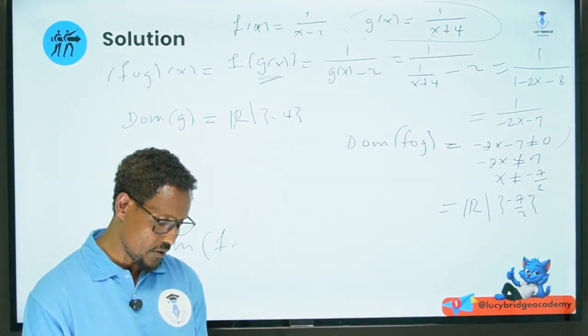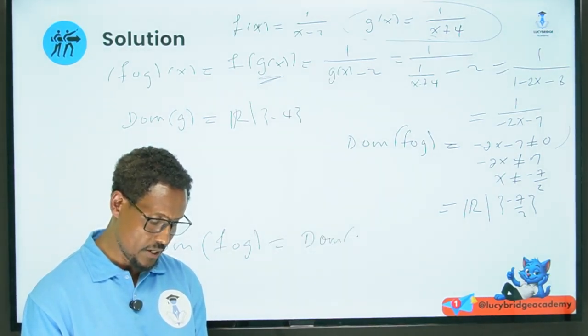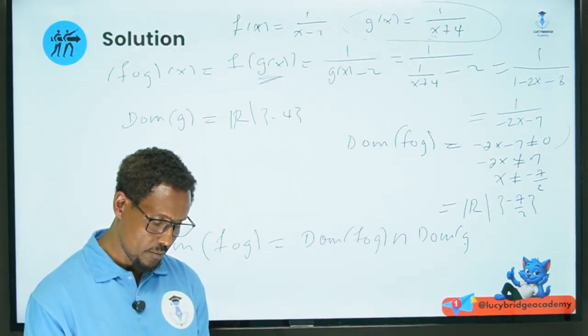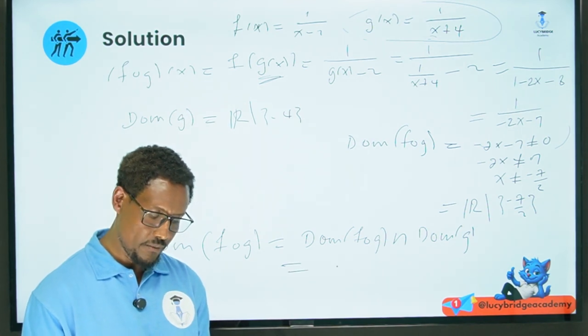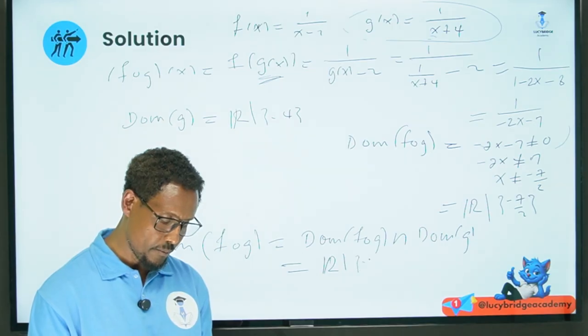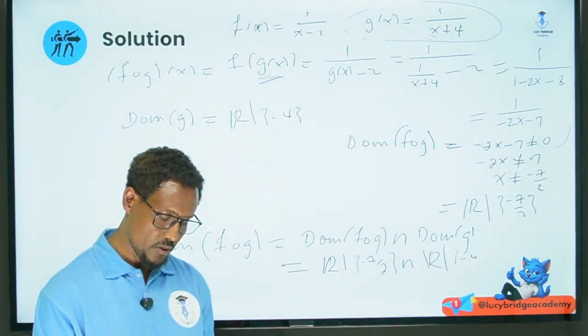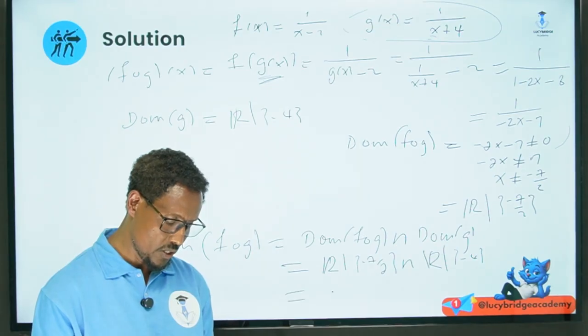Therefore, the domain of f circle g is equal to the domain of f circle g intersection the domain of g, which is the set of all real numbers without -7/2 intersection the set of all real numbers without -4, which is equal to the set of all real numbers except -4 and -7/2.